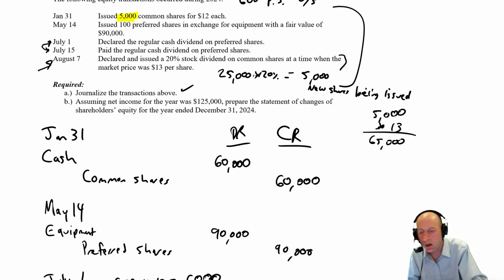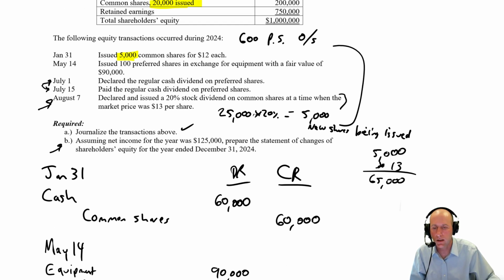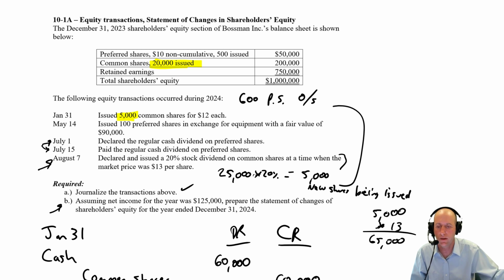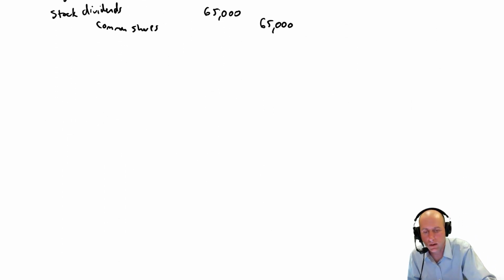Okay, so part B says, prepare a statement of changes in equity. So let's do it. It's a 3-line title, and it's for the following year, so it's going to be December 31st, 2024. The name of the company is Bossman Inc., so let's get at it.